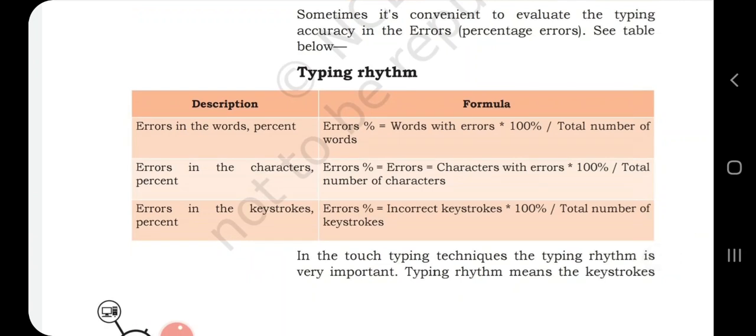Error percentage is equal to characters with errors multiplied by 100% divided by total number of characters. Third one is errors in keystroke percent. Error percentage is equal to incorrect keystrokes multiplied by 100% divided by total number of keystrokes.